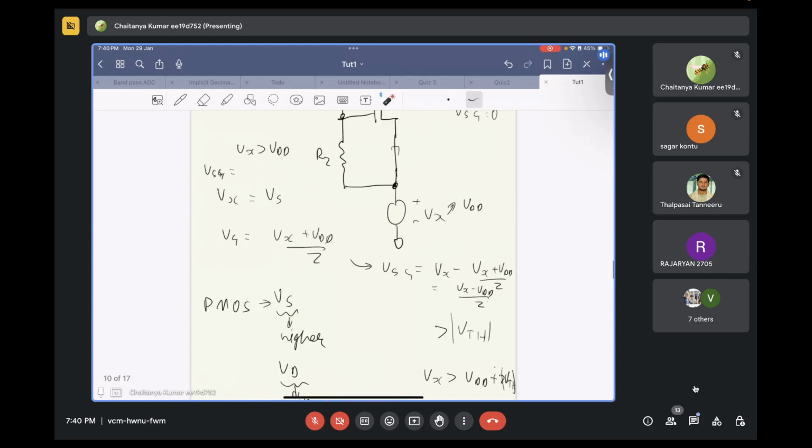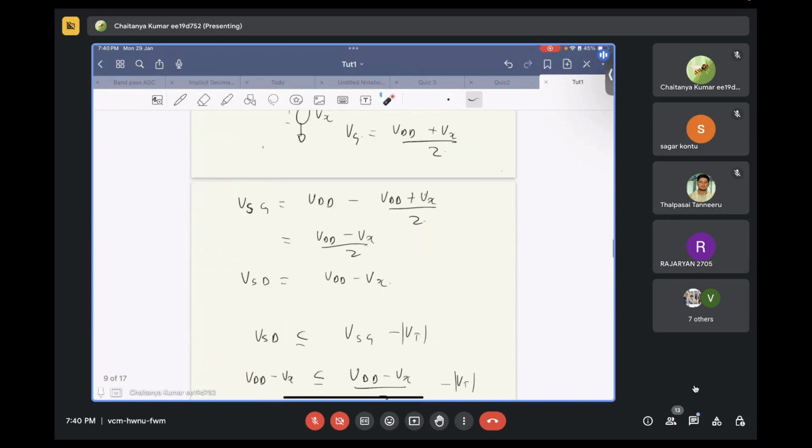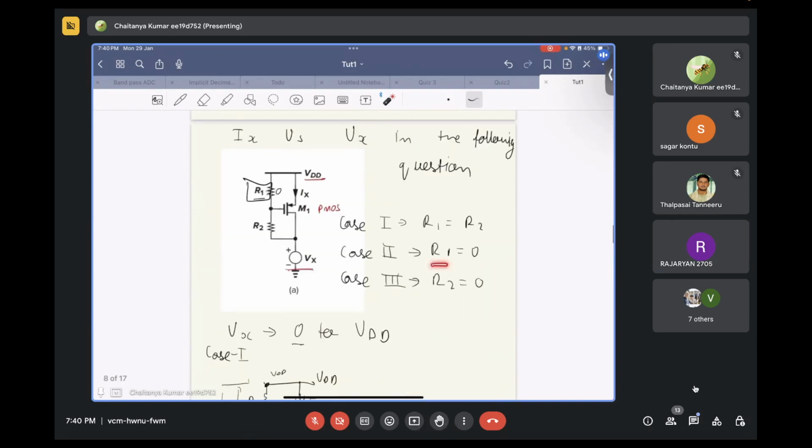Okay. So as far as this case is concerned, if R1 is equal to 0 and Vx is varying only from 0 to VDD, your device will never turn on. I will be 0. But if Vx goes above VDD plus 2 modulus of VTH, then your device will turn on again and your current will be in the opposite direction.